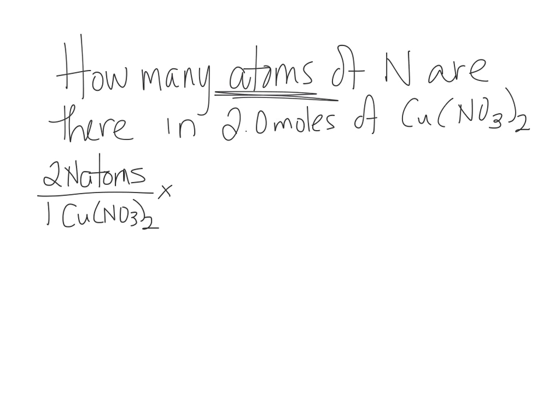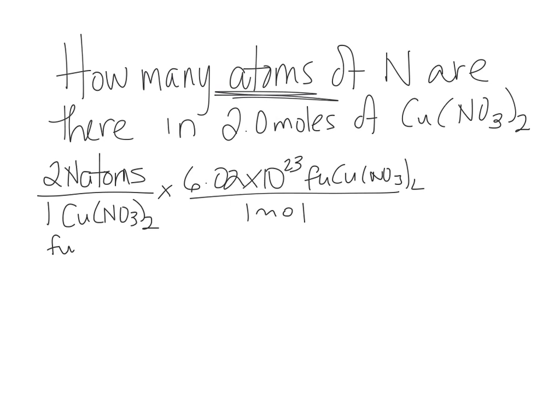We need to get rid of copper nitrates, and that's really a formula unit, not a molecule. So Avogadro's number says that we have that number of copper nitrates in 1 mole. And we have 2 moles.